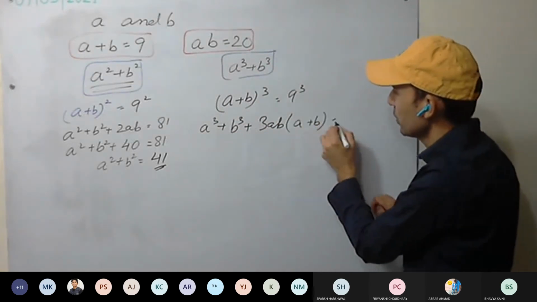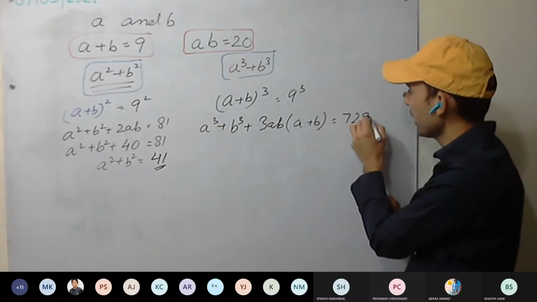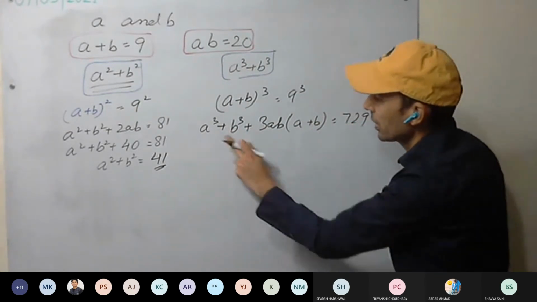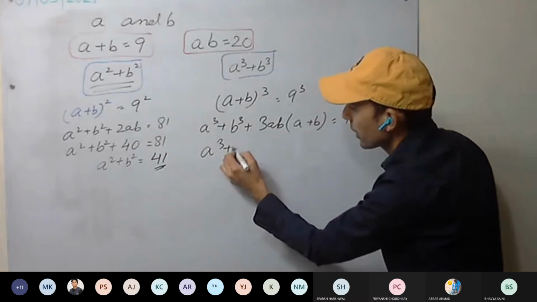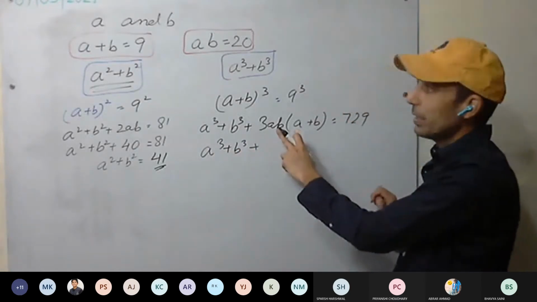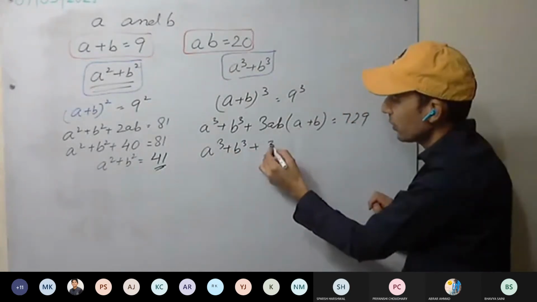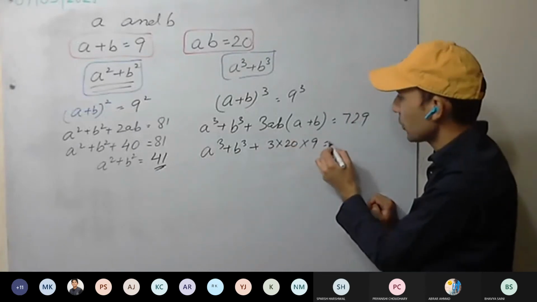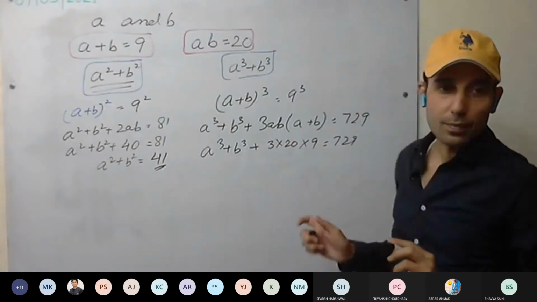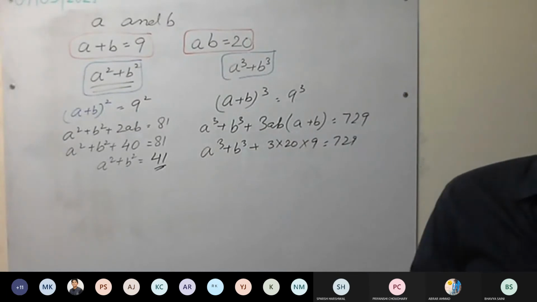A plus B equal to 9, cube is how much? 729. Okay, 81 into 9 you can do. A cube plus B cube we have to calculate. 3AB, AB is how much? 20. 3 into 20, into A plus B, how much? Into 9. Now you can easily calculate.